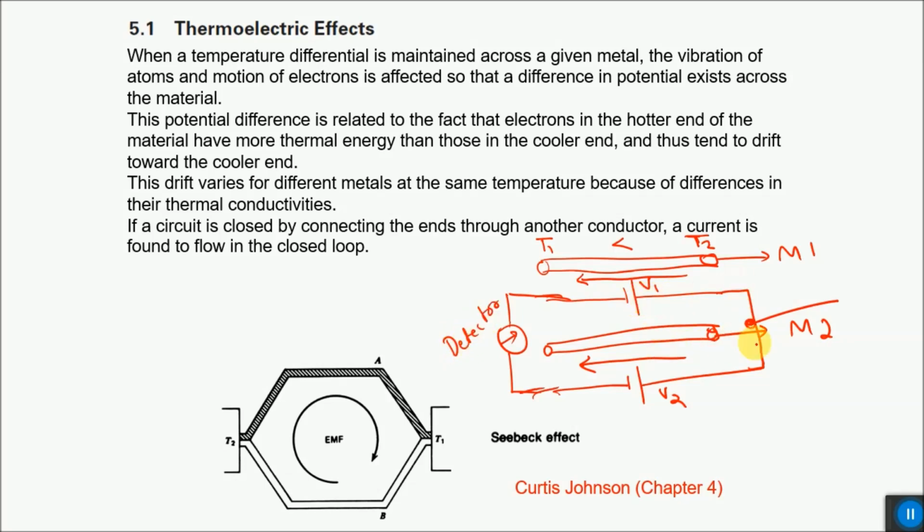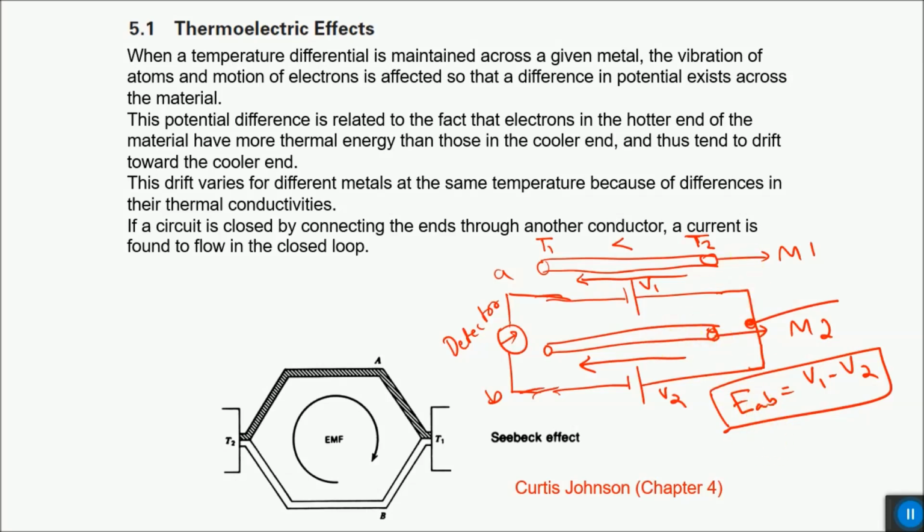As the positive ends are tied together, we can simply use KVL, and we can find out that the potential difference EAB is equal to V1 minus V2. If V1 was greater than V2, it would be a positive value, and if V1 was less than V2, it would be a negative value.